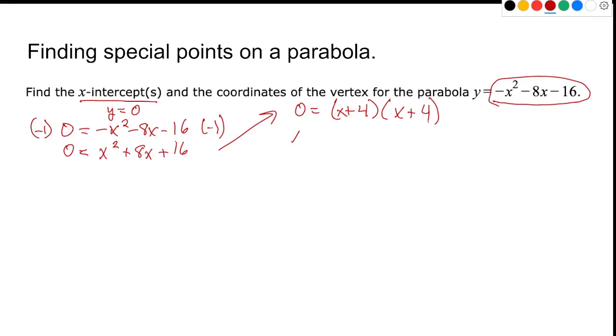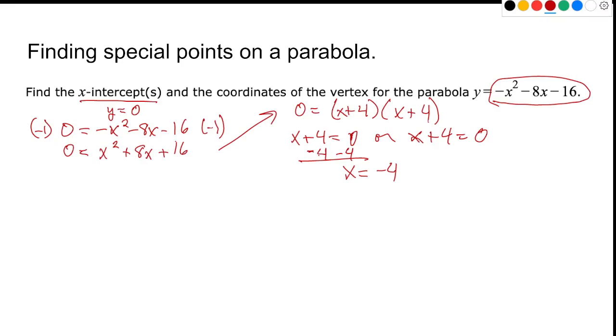And so then either x plus 4 equals 0, or x plus 4 equals 0. So we're really only going to get one answer for this x-intercept. Subtract 4 from both sides, and that gives us x equals -4. Two values of that, so that gives us an x-intercept.